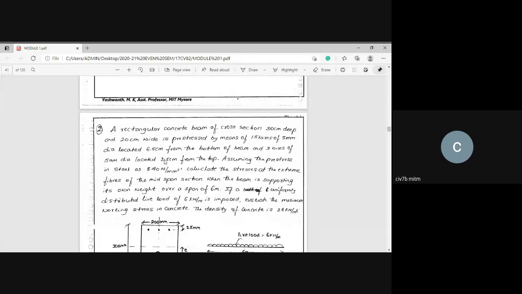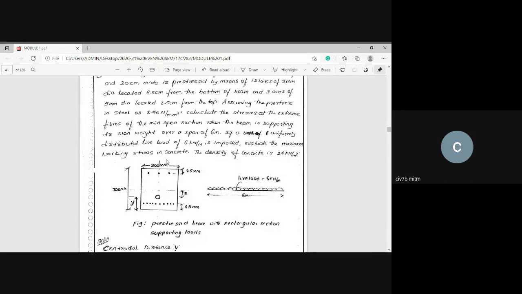Assume the pre-stressing in the steel as 840 Newton per millimeter square, calculate the stresses at the extreme fiber of the midspan section when the beam is supporting its own weight over a span of 6 meters.